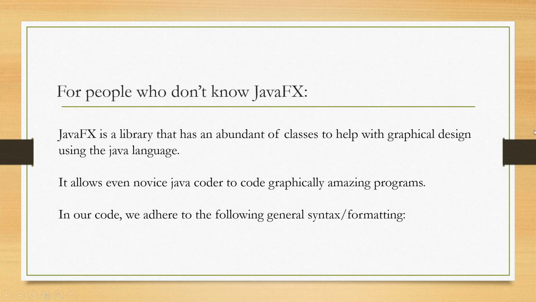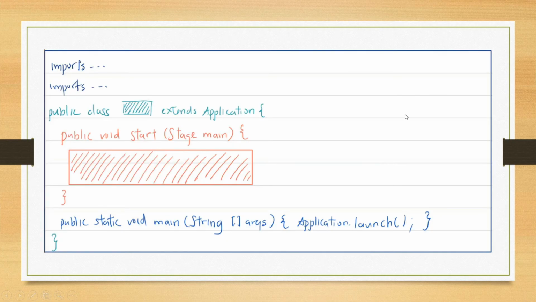Generally, the syntax of writing code in JavaFX is different from what we have been doing before. In our ordinary Java programs, we usually put all our code inside public static void main, the main method, right?